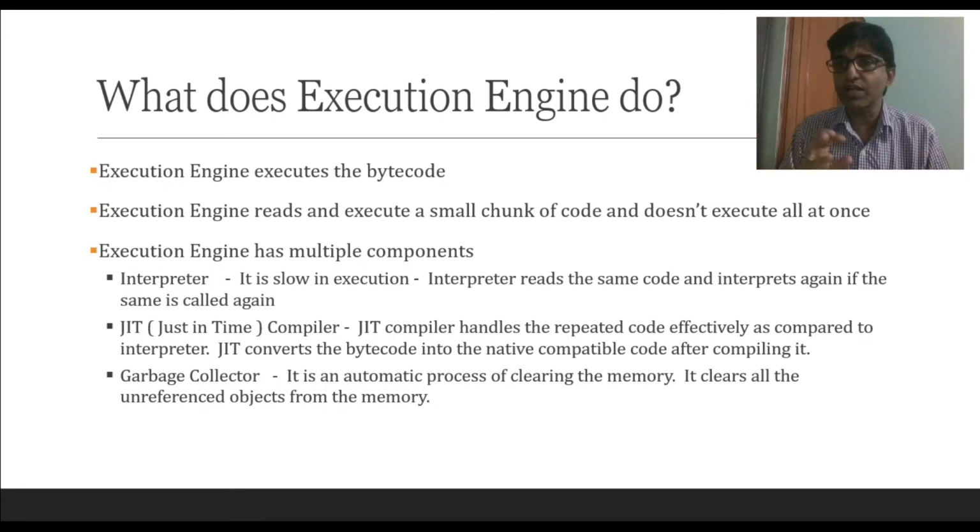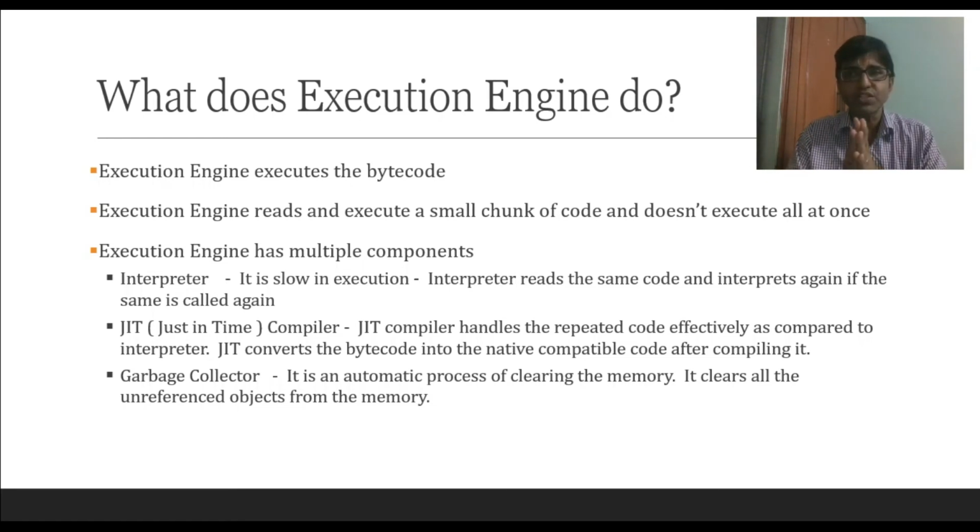It stores only the related information in the memory, that is called bytecode. Only what is required for execution is loaded in the memory. So the execution engine reads and executes the bytecode required for those specific instructions loaded into the memory.